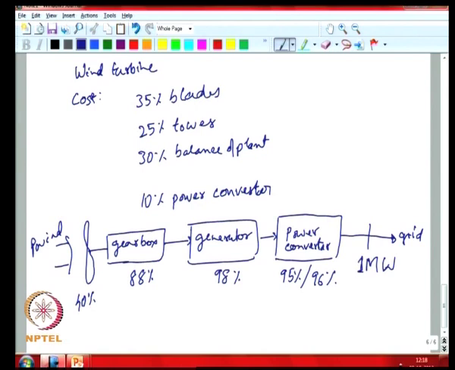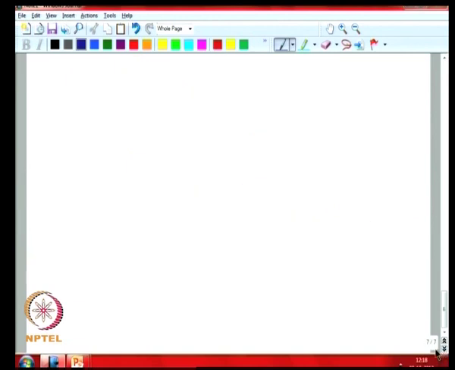And so for the 95% efficient case, your P wind is 1 megawatt divided by 0.95, 0.98 into 0.88 into 0.4.